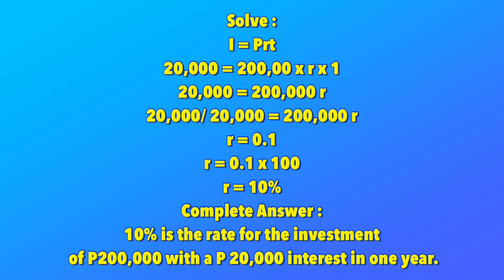Then since we are computing for the rate, we're going to multiply this by 100. So 0.1 times 100 is equivalent to R equals 10%. So our complete answer now: 10% is the rate for the investment of 200,000 pesos with a 20,000 interest in 1 year.